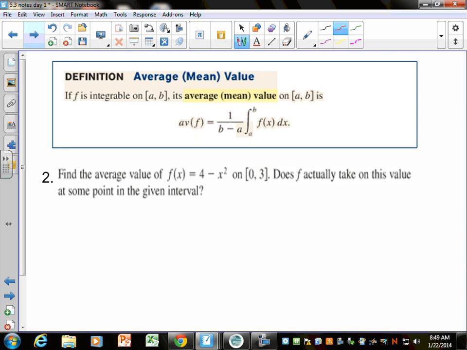Think about what integral means. I'm going to draw you a little picture here for a minute just to show you what this means. Let's say I drew a little graph here from a to b. And let's say I just broke it up. Remember that an integral actually means an infinite number of rectangles. We don't have that many rectangles. I can't draw that many rectangles. So I'm just going to draw a few little rectangles in here.